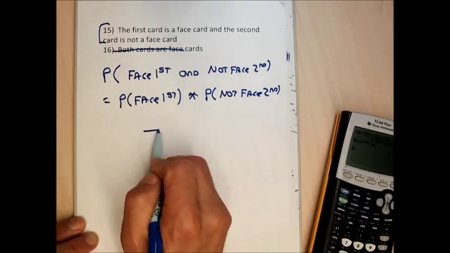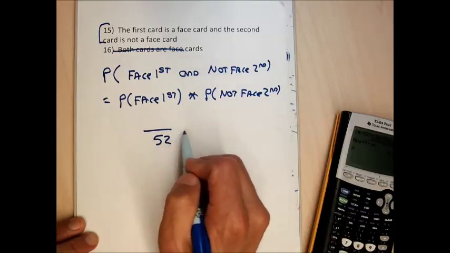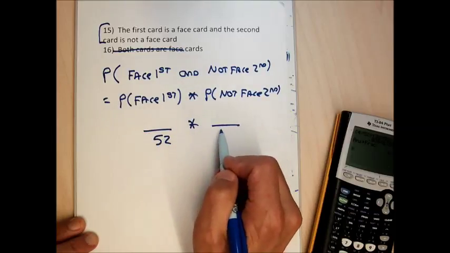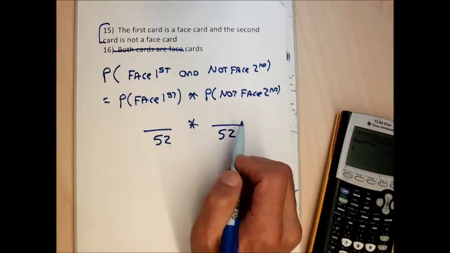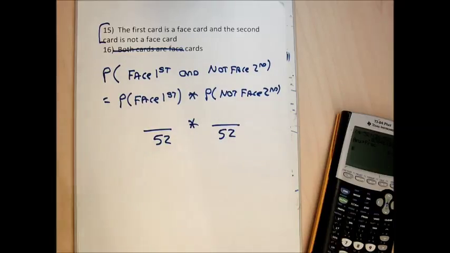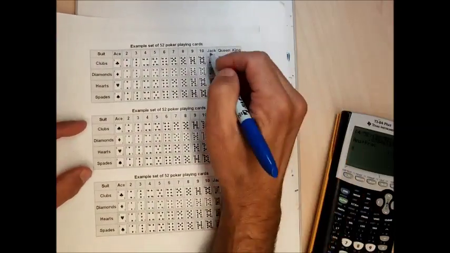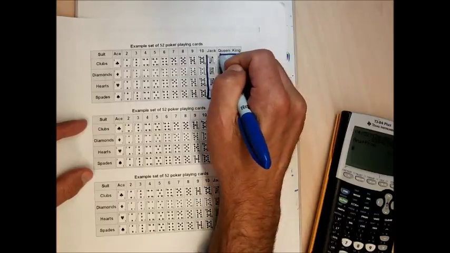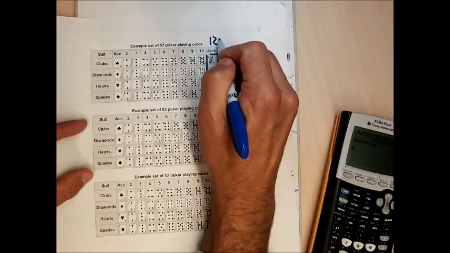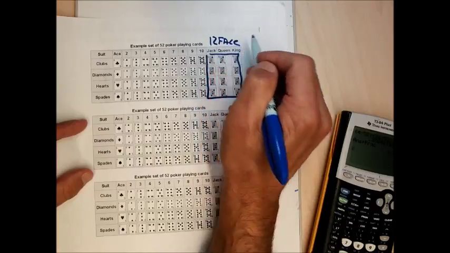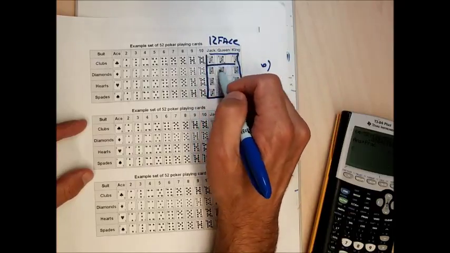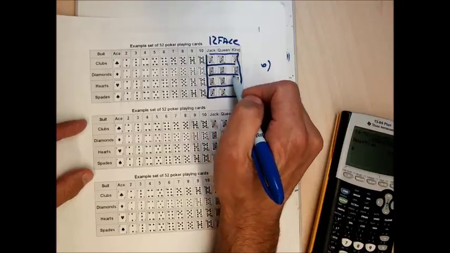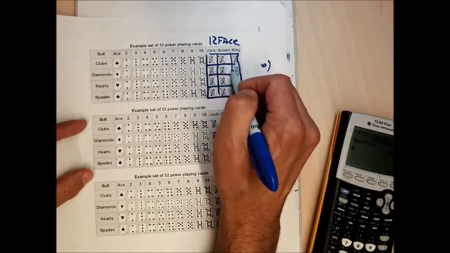Each of the denominators is going to be 52, because for this group of problems, I'm assuming I'm putting back the card that I choose from. So the denominator doesn't decrement by 1 because of the with replacement. And then for the face cards, there's going to be 12 cards that are face cards, because there's 4 jacks, 4 queens, and 4 kings, which makes up a total of 12 face cards.